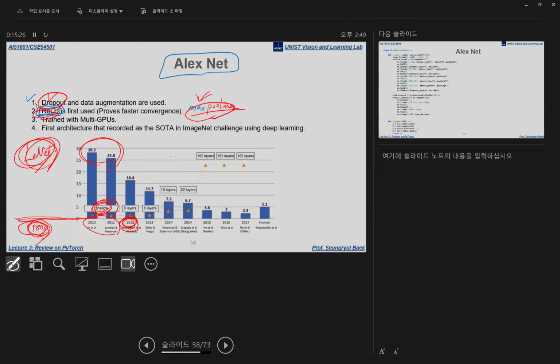And you can now get good generalization ability by preventing the overfitting. So now deep learning is actually working, and humans are coming to know how to effectively train these deep architectures. That's the year 2012.